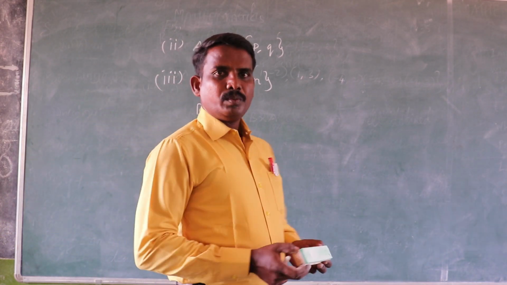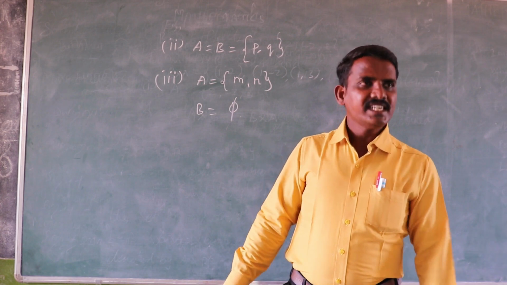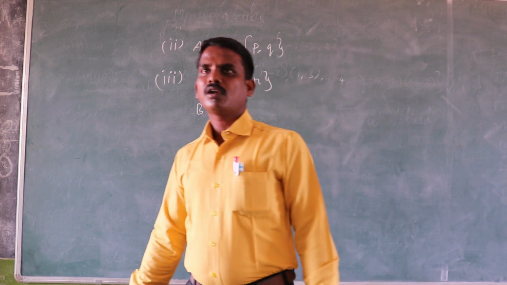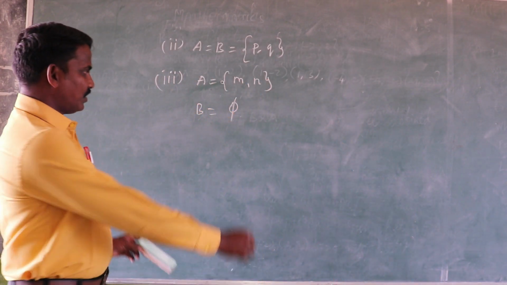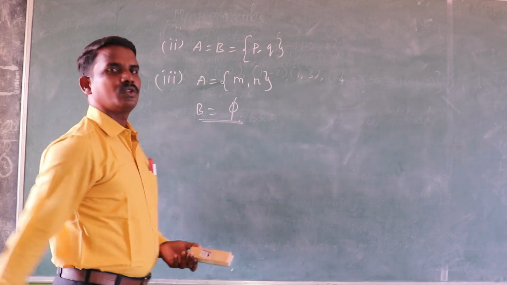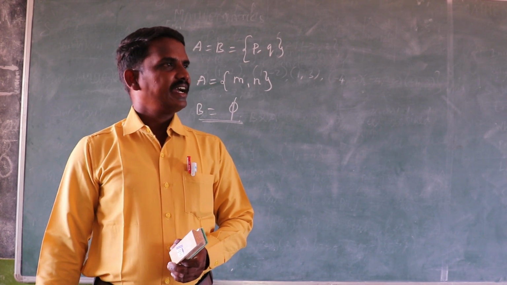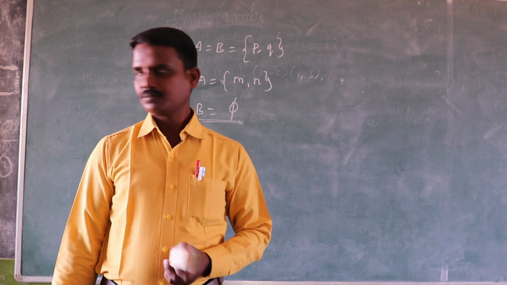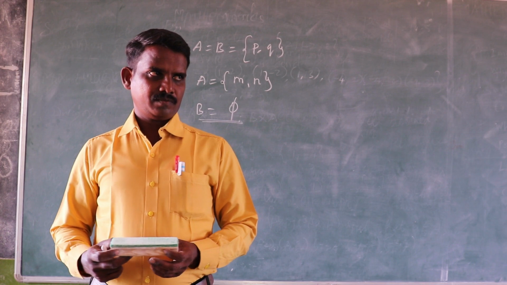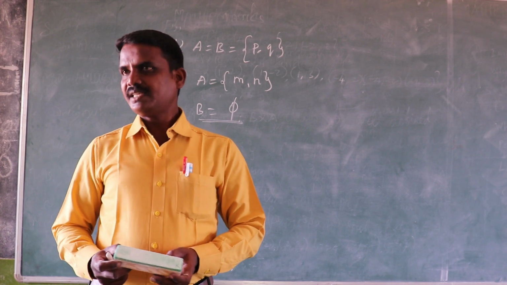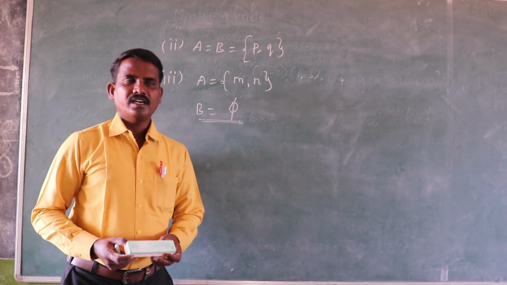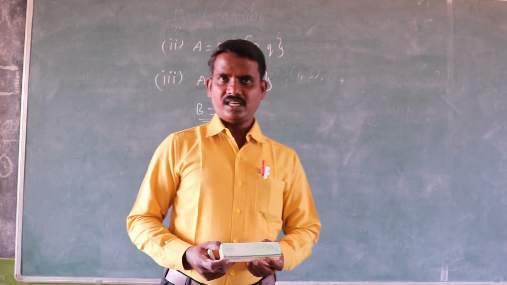If A and B are two non-empty sets. Here the set B is not a non-empty set, it has no element, so it is the empty set. So we cannot write A cross B and B cross A like that.